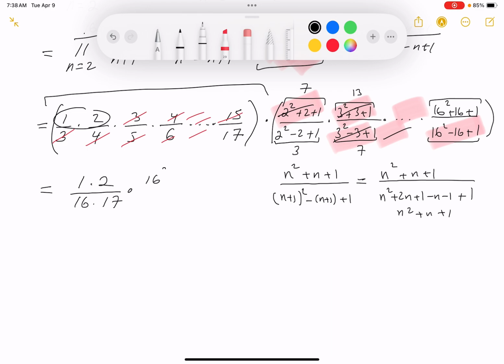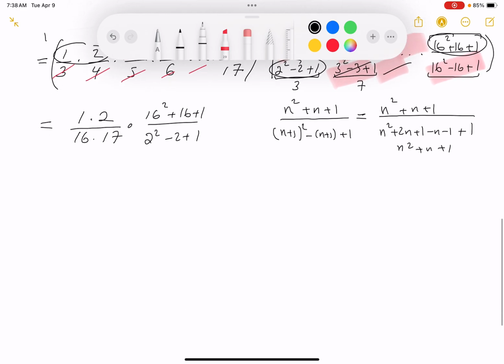16 squared plus 16 plus 1, that's right over here, and you're left with this in the bottom here, which is 2 squared minus 2 plus 1. And yeah, there's some arithmetic to do over here, but it doesn't look that bad. It's going to be 8 times 17. Oh boy, this is going to be a tough one, right?